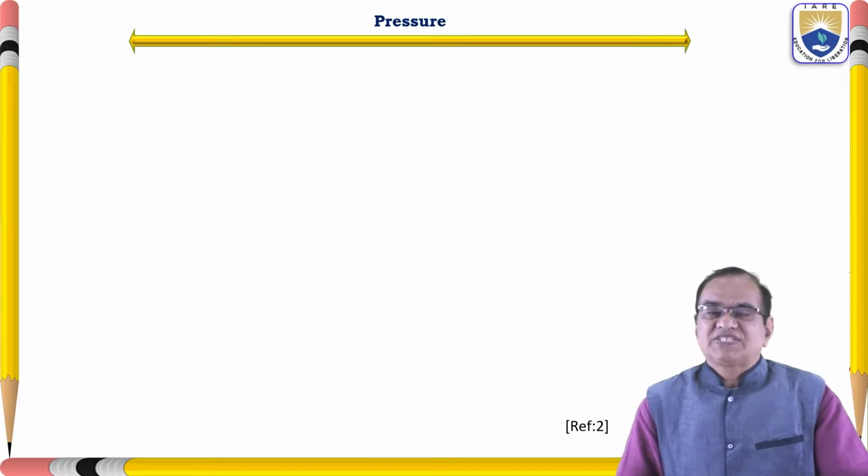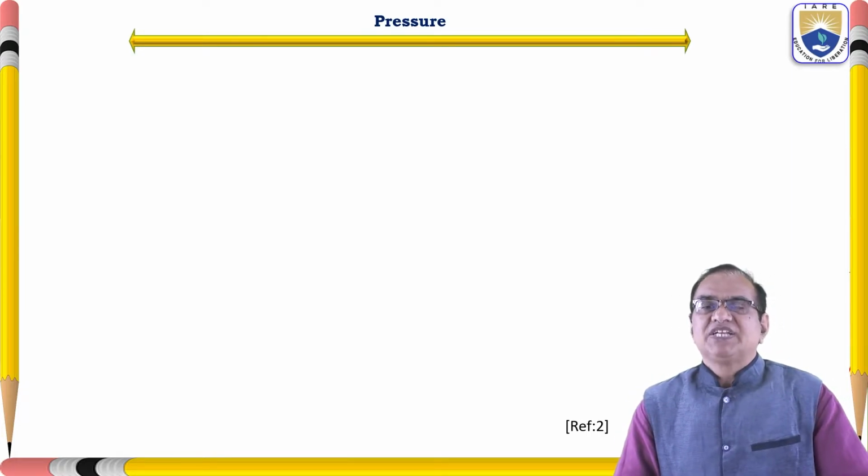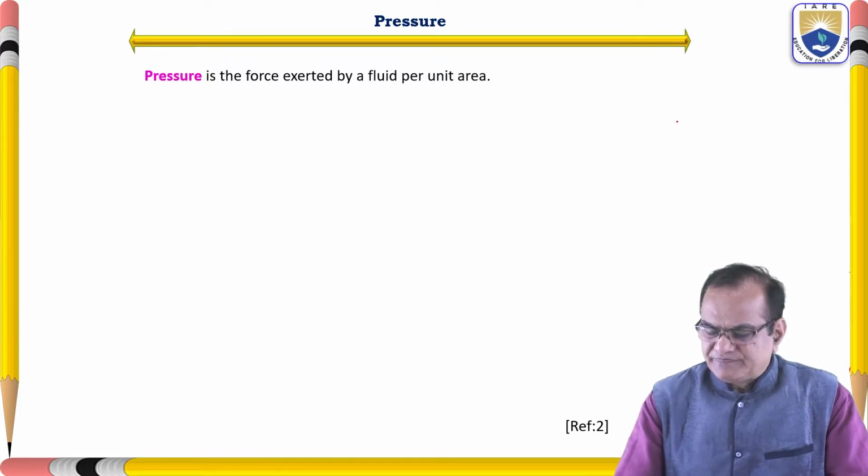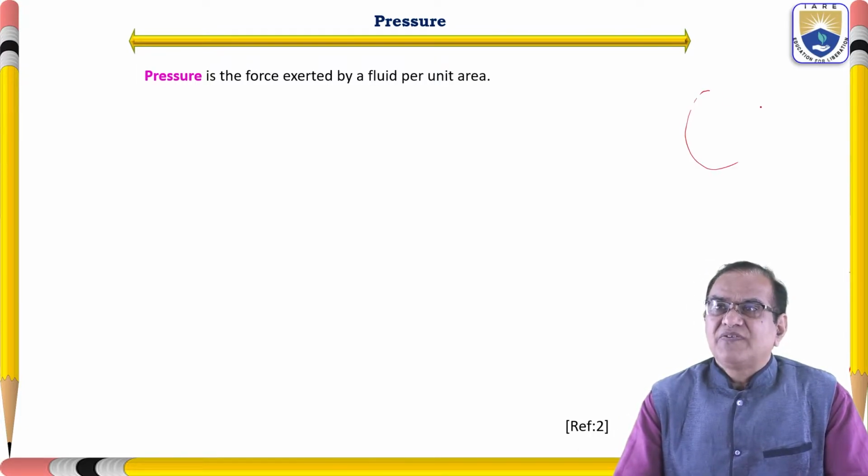Now I will go for the next very important property. It is called the pressure. So what is the pressure? Pressure is the force exerted by a fluid per unit area. If you see here, there will be a number of molecules. These molecules will move randomly here and there, and they will hit this wall, like this, like this.